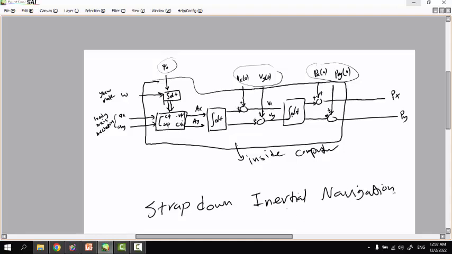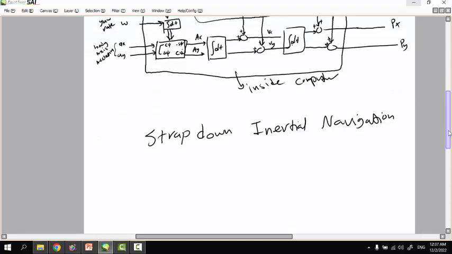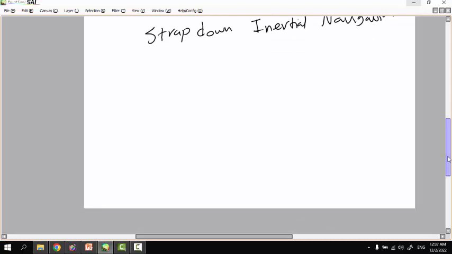In the next lecture we will see how to use the Kalman filter with GPS and INS. I just need to say a little bit about GPS and INS, the comparison between these two.